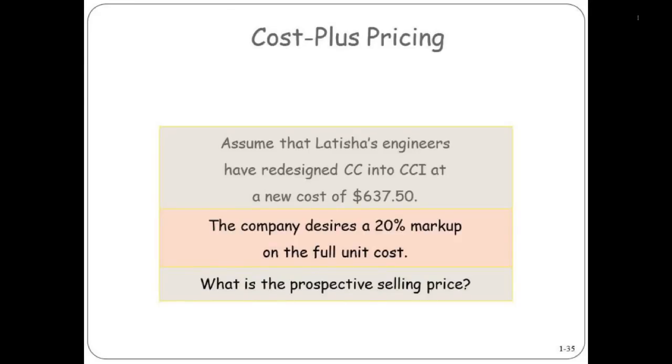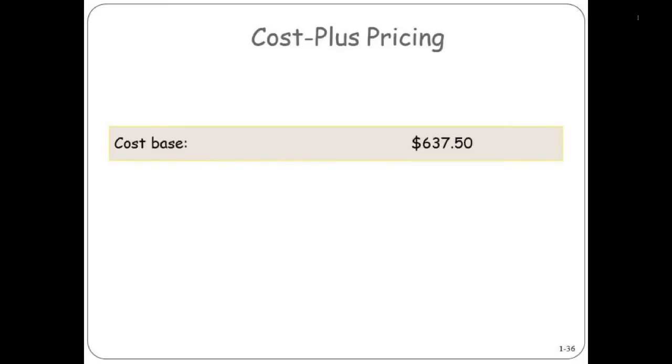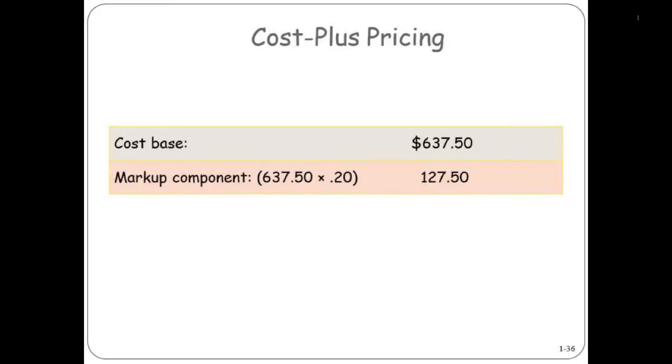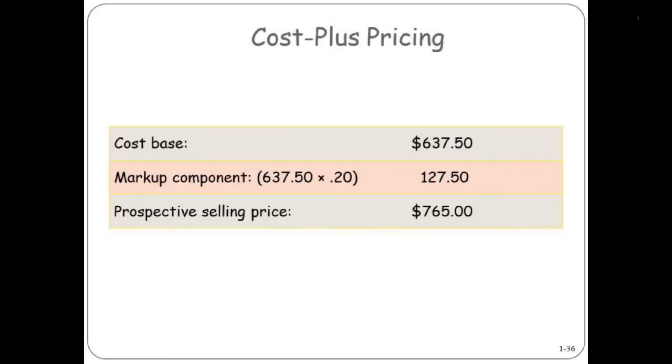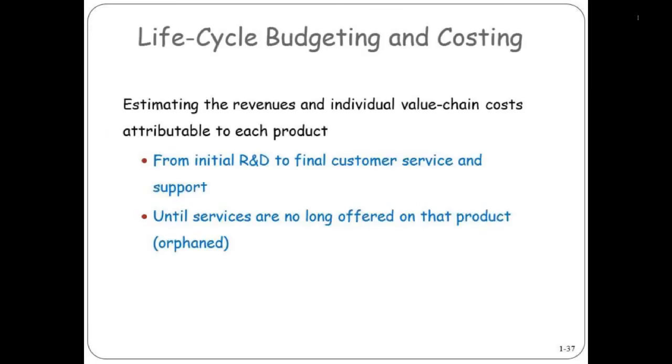What's their selling price? Can you guys do this? I hope so. Cost base, markup, selling price. Notice they're not at the 750 though. They're demanding a markup greater than what they think the market will bear.